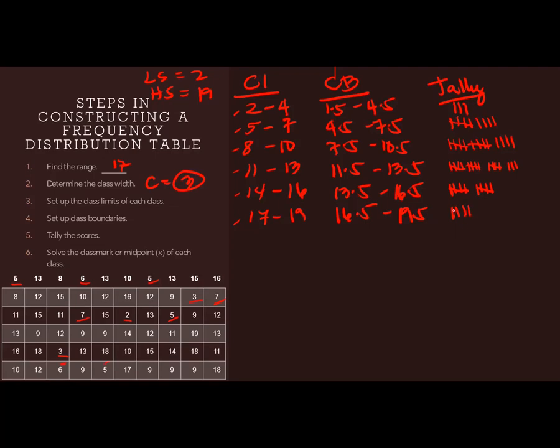So this is our tally of scores, guys, coming from this table. We have to take note that this tally refers to the number of occurrences. That means that this is our frequency.